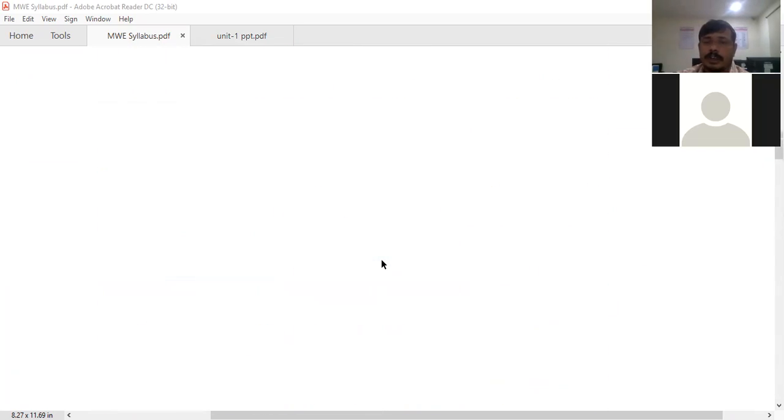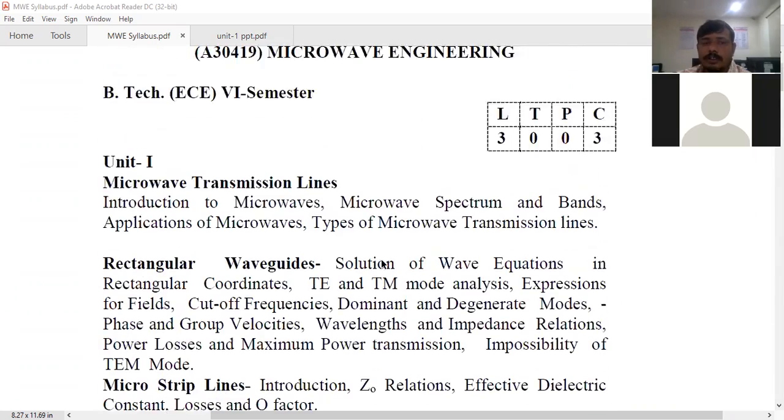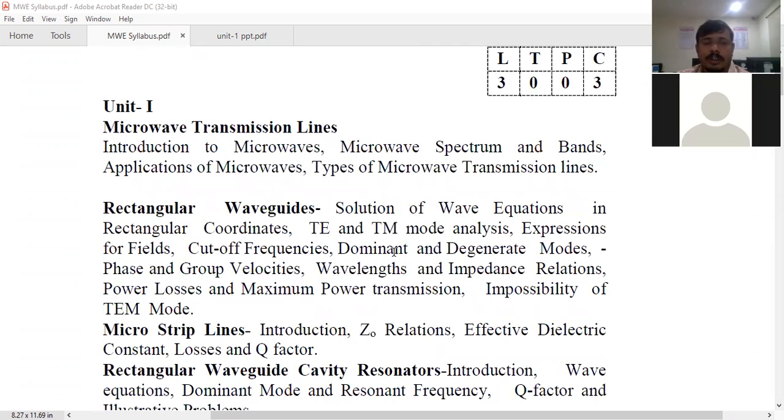So what is there in our microwave engineering? What is a microwave? What is meant by a microwave signal? What is the range of microwaves? Anyone, please?